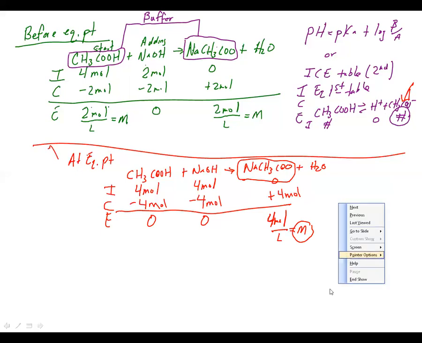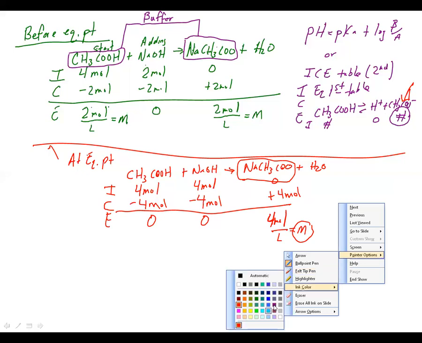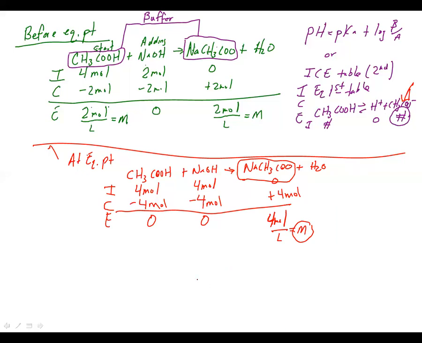When we think about that salt, we should know that it came from a weak acid and a strong base. When it breaks apart, it is going to break apart into Na+ and acetate.